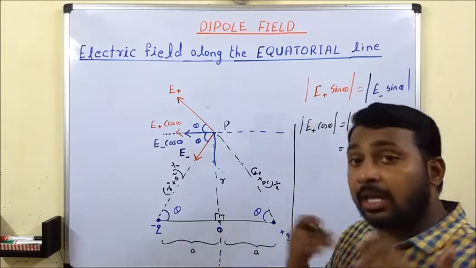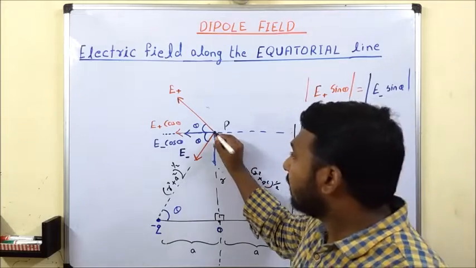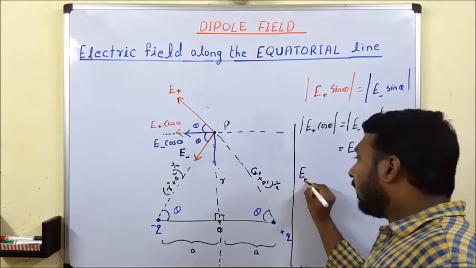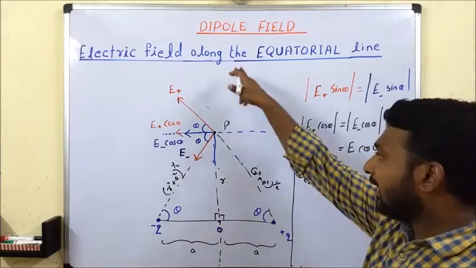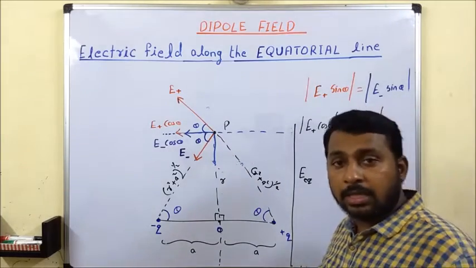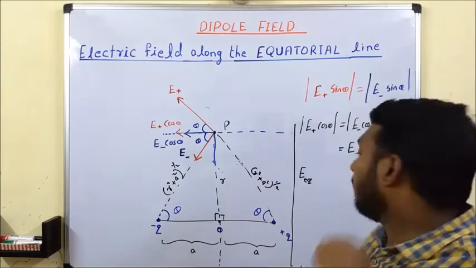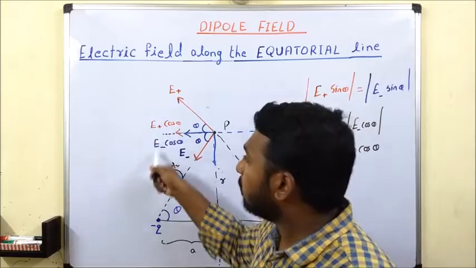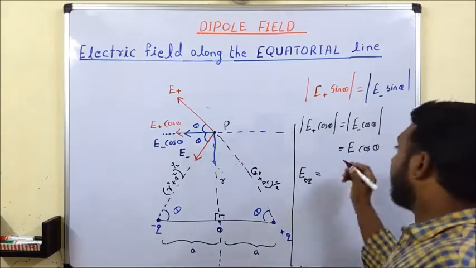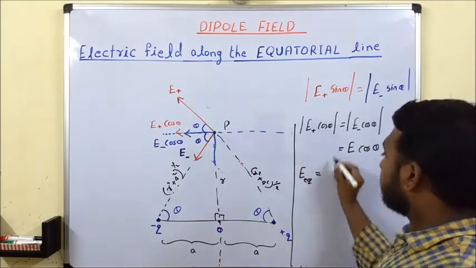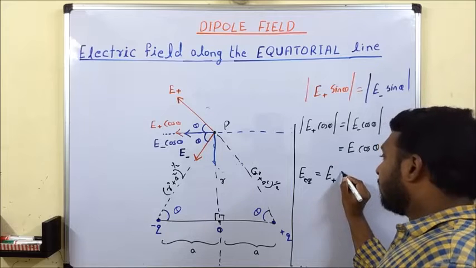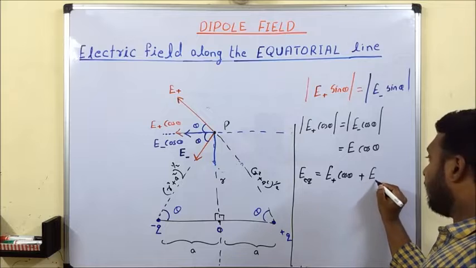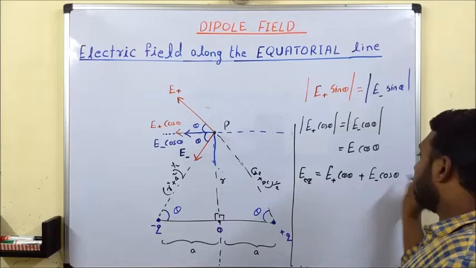So what will be the net electric field at this point P? The net electric field I am writing as E equatorial. This EQ stands for the equatorial line, the electric field at any point on the equatorial line. That is E equatorial is the sum of both. So I can write E plus into cos theta plus E minus into cos theta.